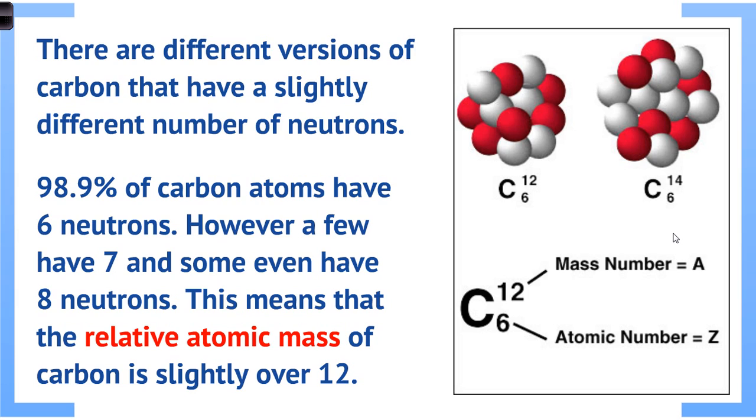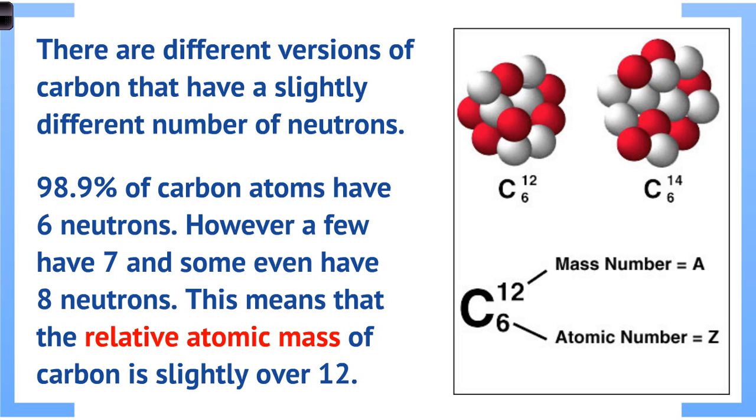However, there's a few versions that have slightly more neutrons, so on average it'll be just over 12. Just like if I asked what the average age in the class is, if most people in the class were 13, but 1 or 2 people were 14, then the average age would be just over 13. So a few atoms that have an extra neutron bring the average just over 12.